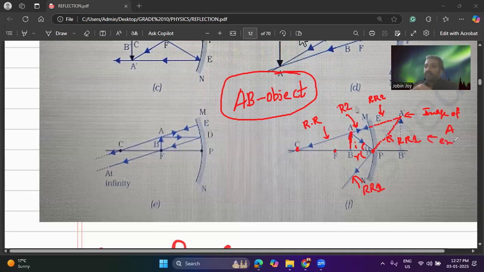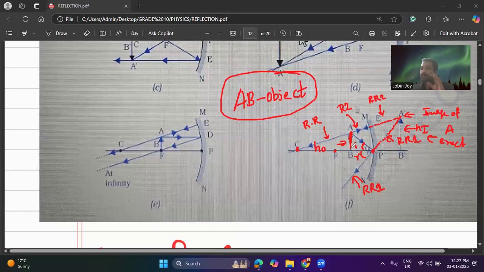This is erect, exactly similar to the position of the object. But the problem is the image is enlarged, right? It's magnified, so the height of the image will be more. So this is hi, and this is ho. So height of the image is more than the height of the object.